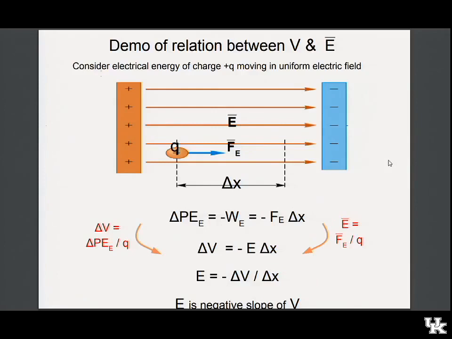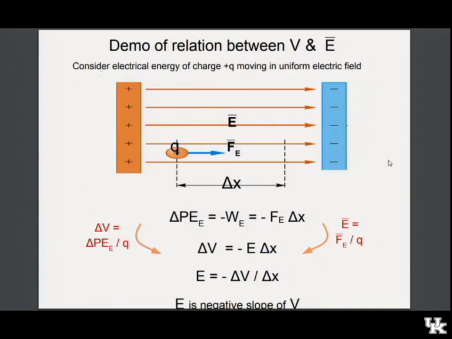This equation, if you rearrange it, says the following. And this is kind of the important point here. It says that the electrical field is the negative slope of the electrical potential.